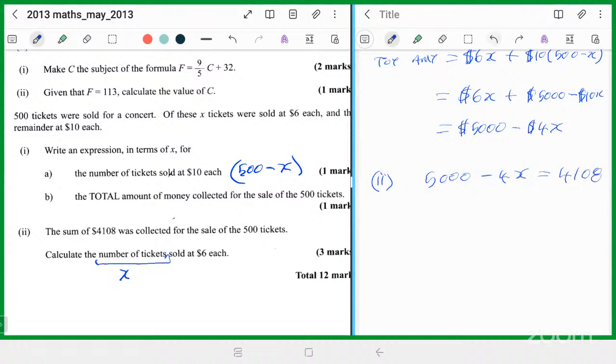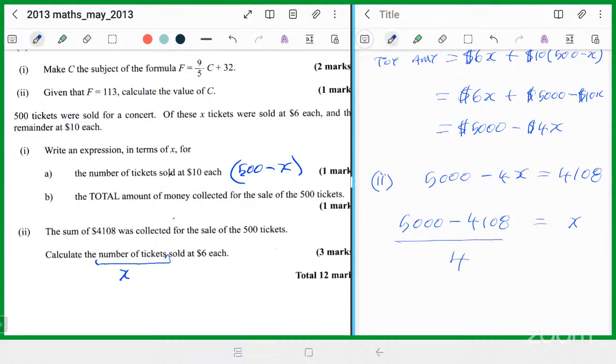Trying to find X. Put the 4X first over here: 4X equals 5,000 minus 4,108. Then take this 4 and divide it on the other side.